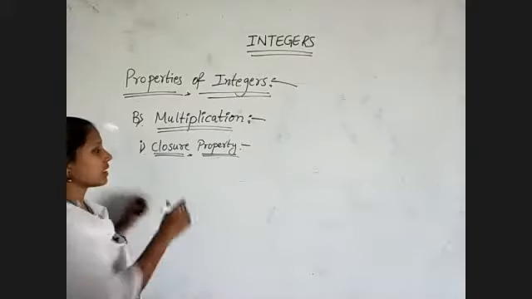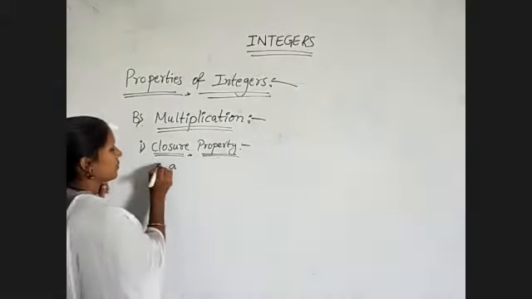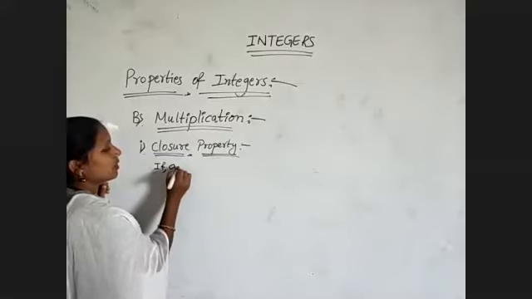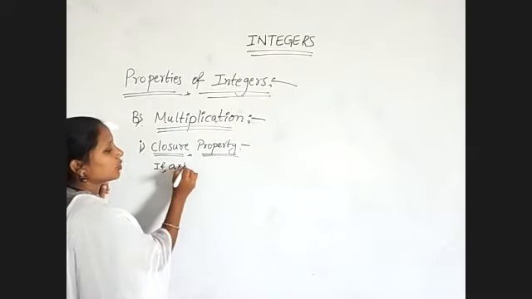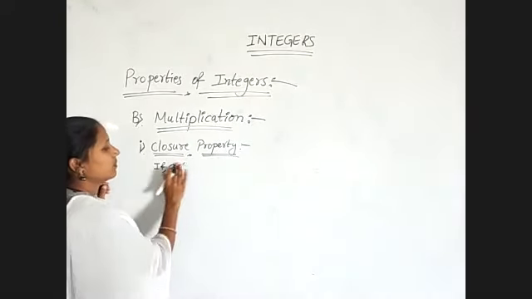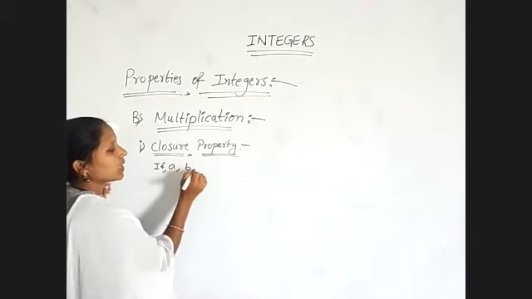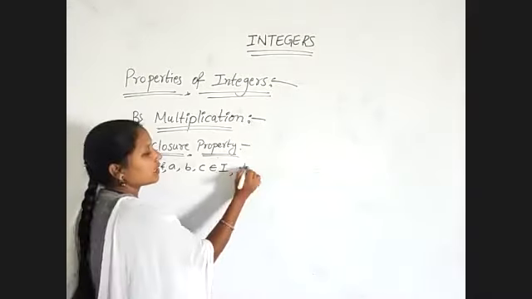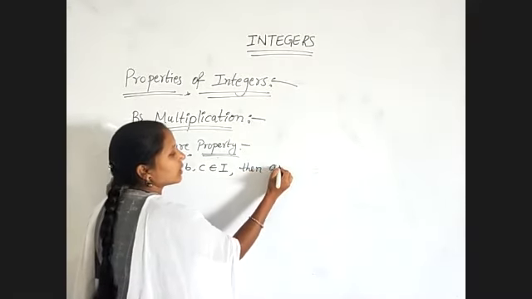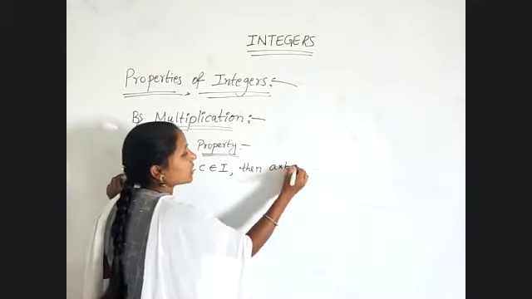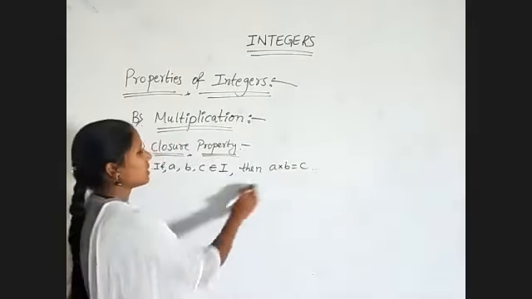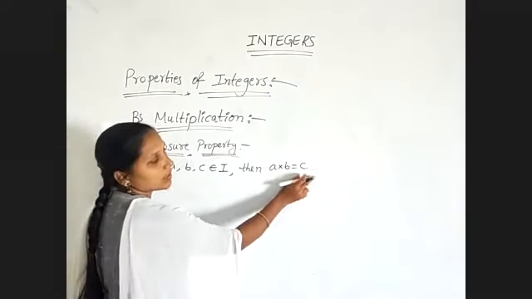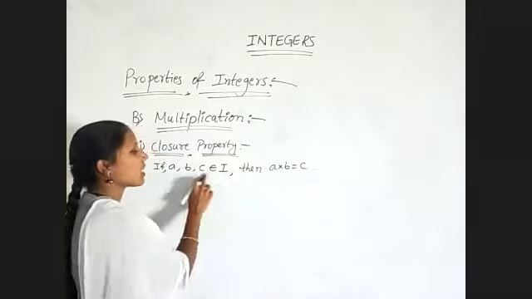The general statement is: if a, b, c belong to Z, and a into b is equal to c, that means the product of the two numbers is c, and c also belongs to integers.